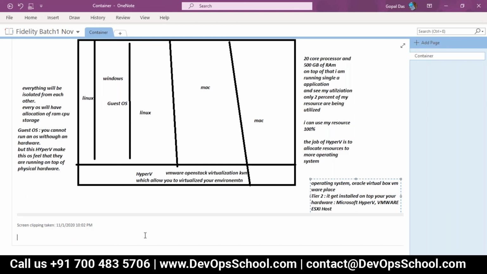There only can we deploy our production grade application. We cannot deploy it on our laptop, because there is no redundancy. But for testing purposes, I can use Oracle VirtualBox and do a Linux system installation on it. Okay.